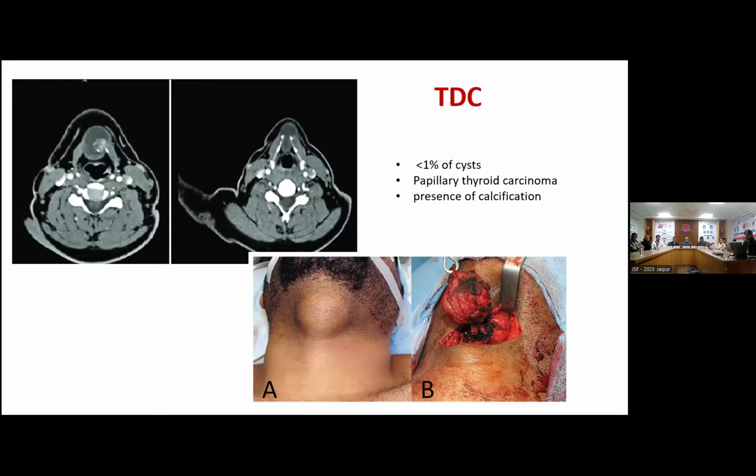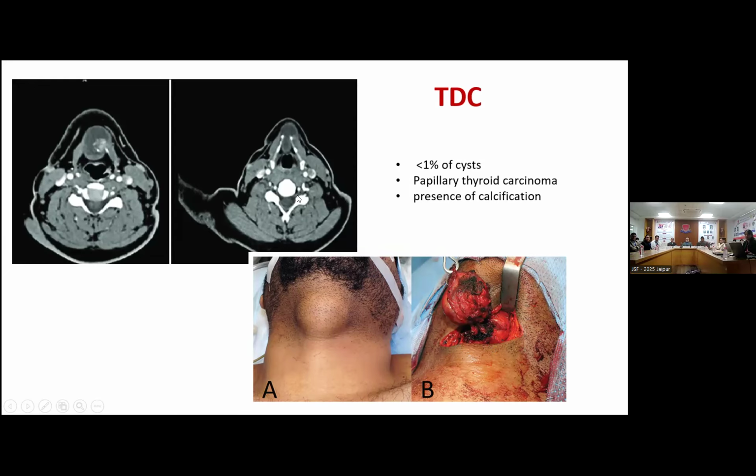As a cancer surgeon, we rarely may see malignancy in the thyroglossal cyst, which is less than 1% of the total thyroglossal cysts, and most of the time it is papillary carcinoma.